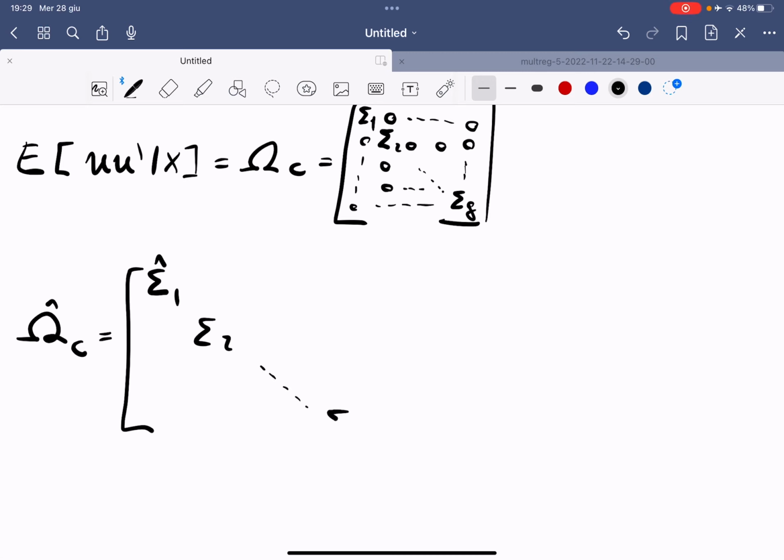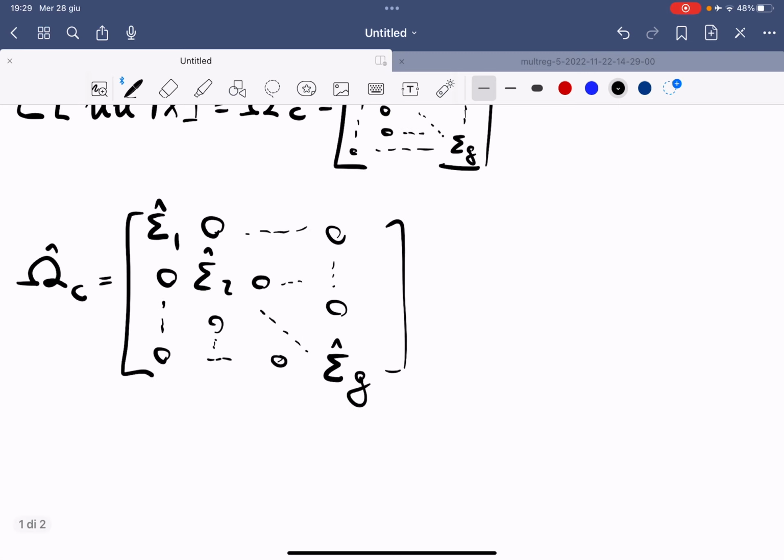So on the main diagonal we have our estimated sigmas, and all the other elements are equal to 0.